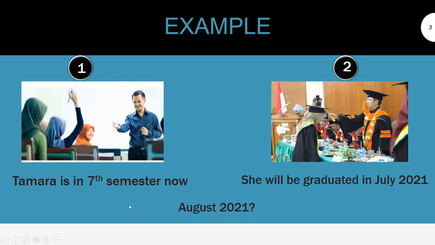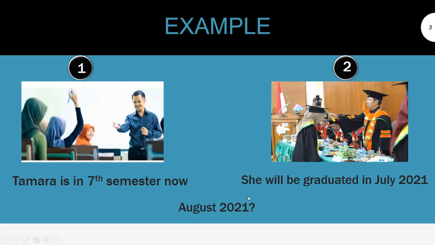Jadi apa yang akan terjadi? What will have happened, not will happening. Apa yang akan sudah terjadi pada saat itu? Saat itu kapan? August 2021. So we're going to say Tamara will have graduated by August 2021.